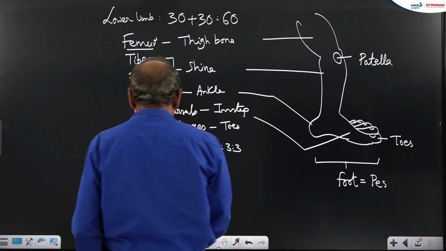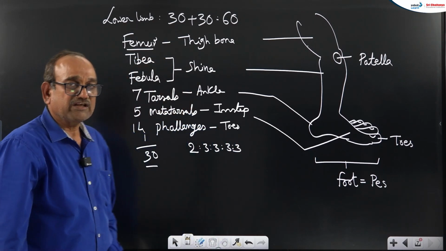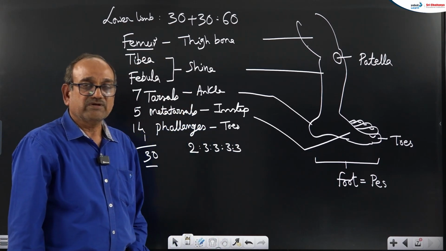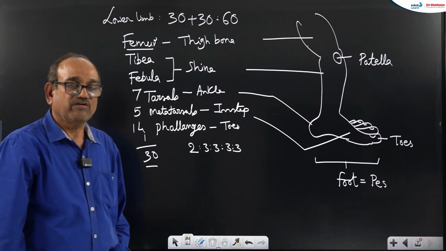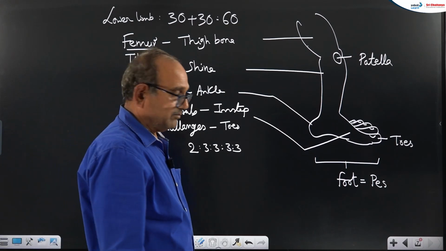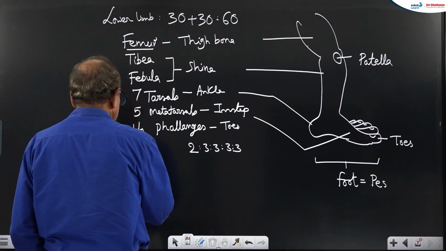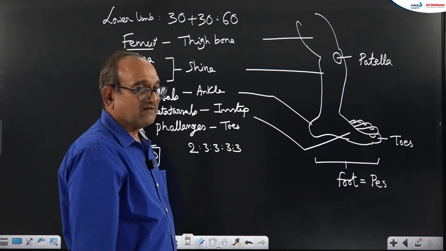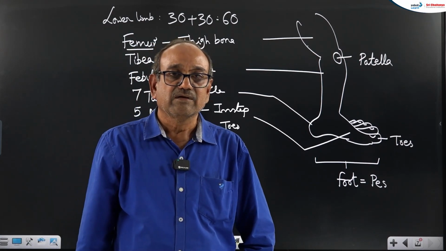Including the patella, there are a total of 30 bones in each lower limb. So 30 plus 30, 60 bones together form the bones of the lower limbs. Okay. So this is the endoskeleton of our body.